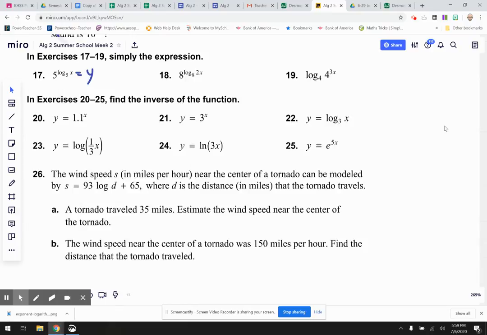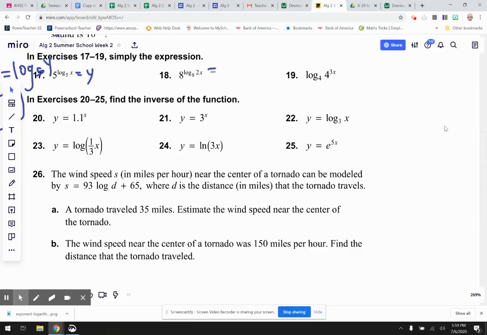So the exponent is log base 5 to the x. That's the answer, and it equals log base 5 of the big number to the y. So you have log base 5 on both sides, so you would just say x equals y in that case. So that was 17.